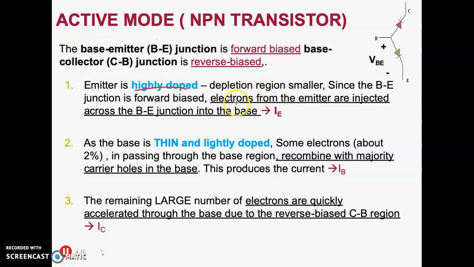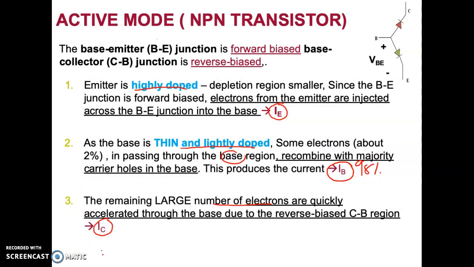When the emitter is highly doped, the electrons will be repelled and then you can get your IE current. At your base, this is thin and lightly doped, so 2% will go through your base. The rest, 98%, will go through to your collector. So this is what we call IB. And the remaining large number of electrons will accelerate to your collector. That's why we get your IC.